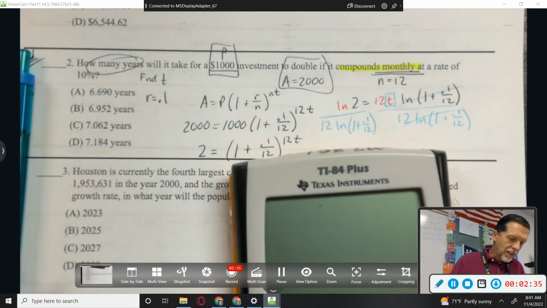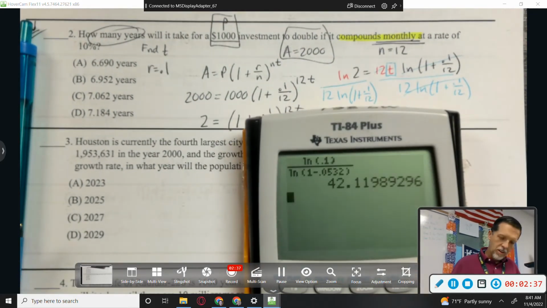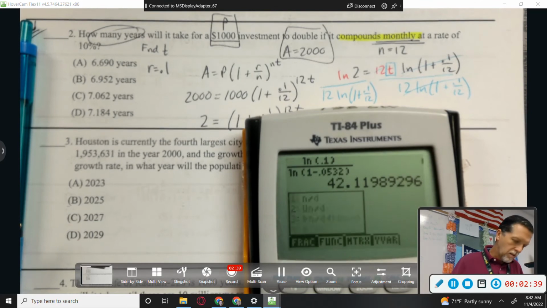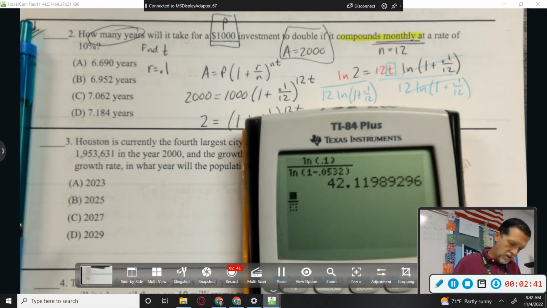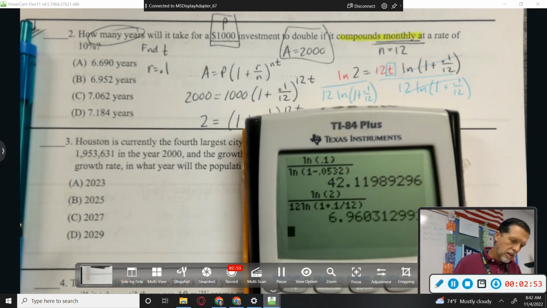Okay, now let's see if this problem has an answer here. Natural log 2 over 12 natural log 1 plus 0.1 divided by 12, 6.960. Oh, you're right.